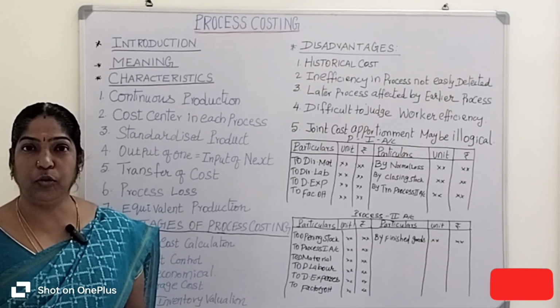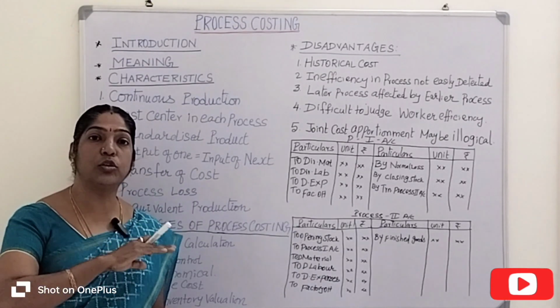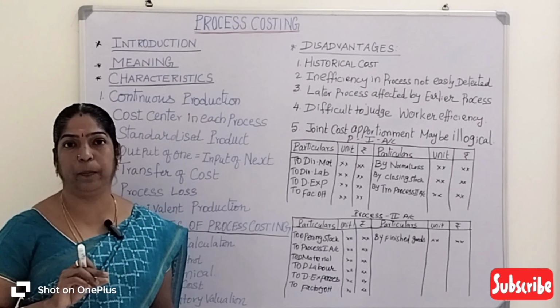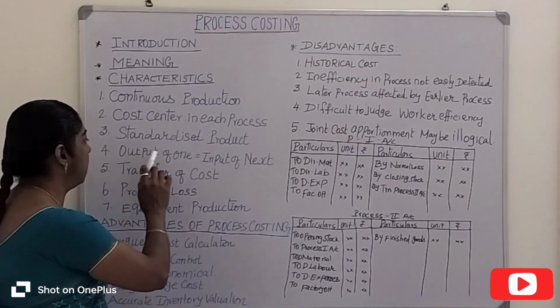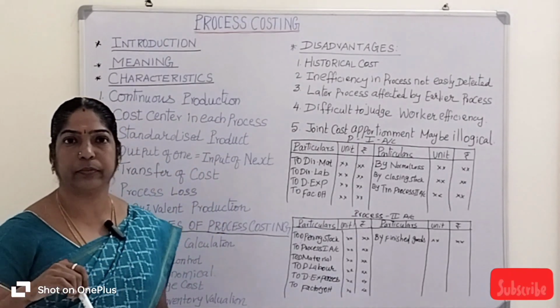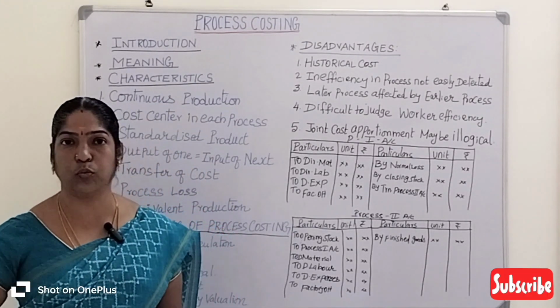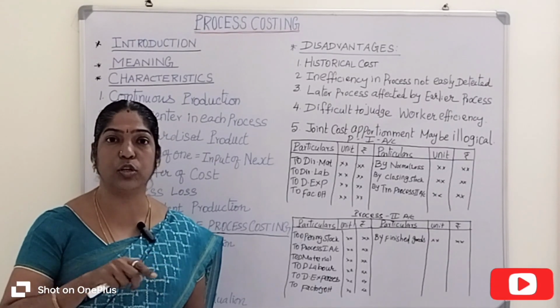Then that output, the sugar juice, is transferred to process 2 as the input. Got it? So the output of one is transferred to the input of the next.